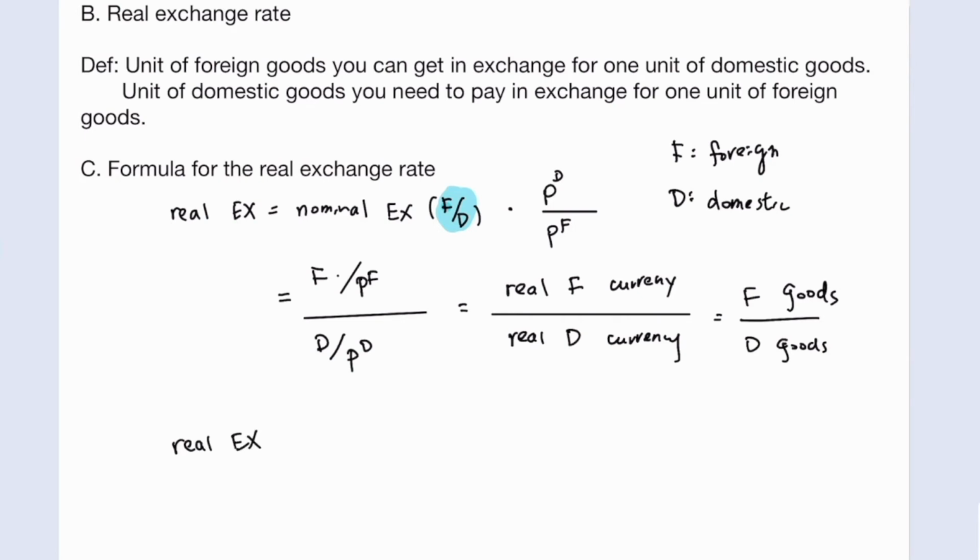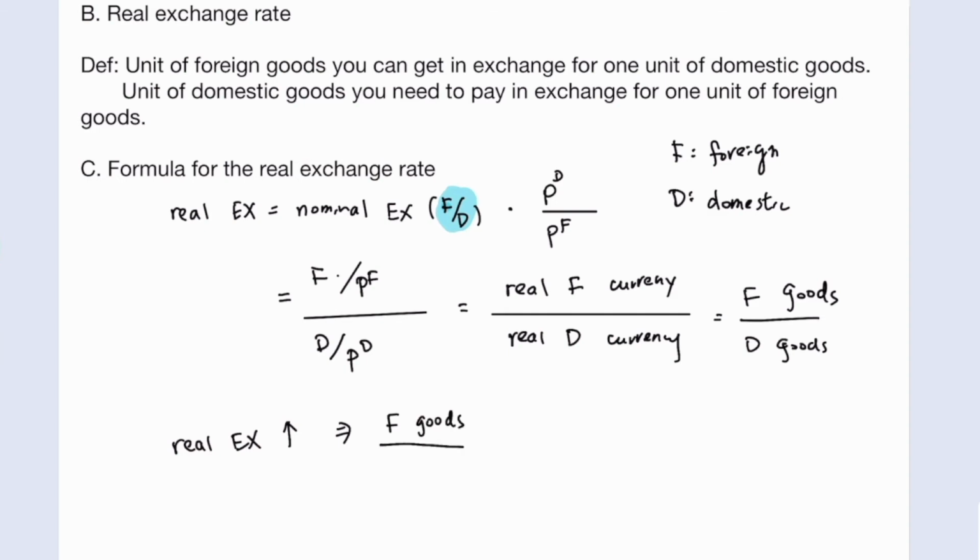Remember, here our definition of the nominal exchange rate is the units of foreign currency per unit of the domestic currency. Therefore, under this definition, when the real exchange rate is rising, it means that the foreign goods you get in exchange for the domestic goods will be more.